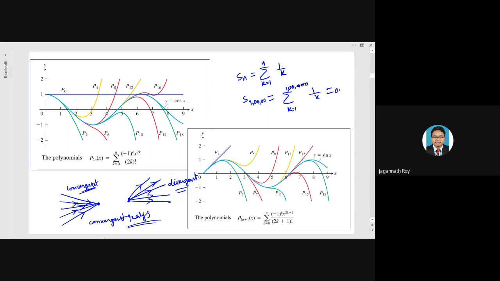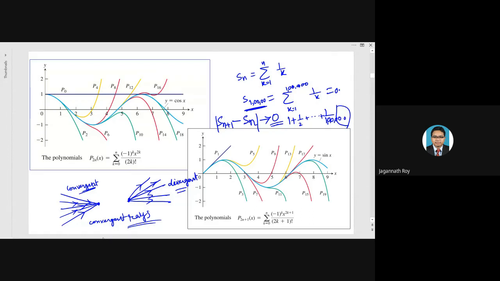After some time, 1 plus 1 by 2 plus ... then 1 by ... nearly 0. Now, if you increase the number of terms, the difference between Sn plus 1 minus Sn is going to be 0. That means after some terms, all are within some limits.